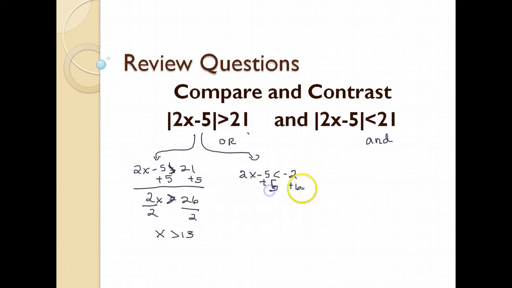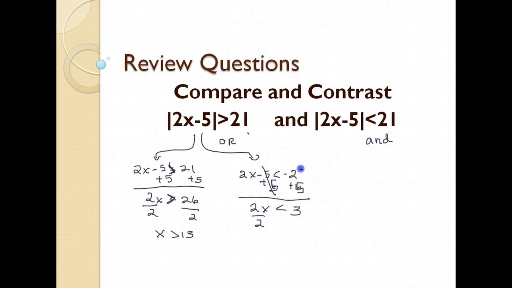Plus 5, plus 5. Can you tell I got very little sleep? So this is 2x is less than negative 21 plus 5. Then divide both sides by 2. Wow, I'm making so many mistakes.